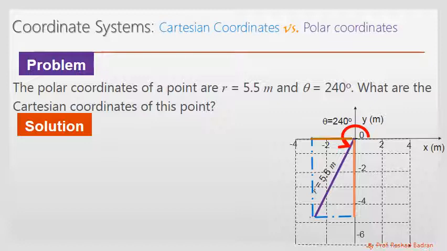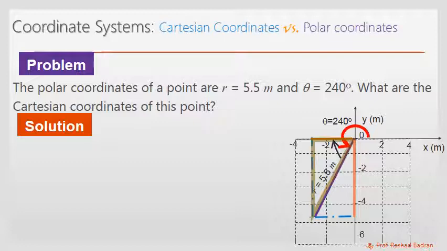Doing this, it means the sides of the right angle triangle like this are x and y, while the hypotenuse is the polar coordinate value r, 5.5 meters.